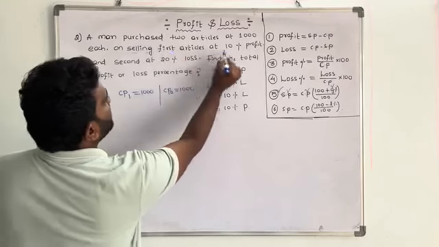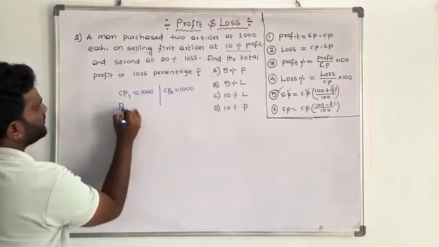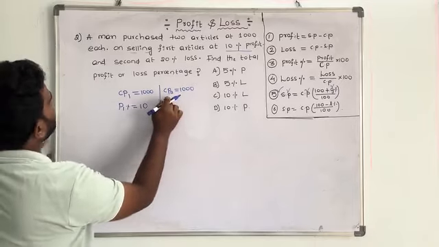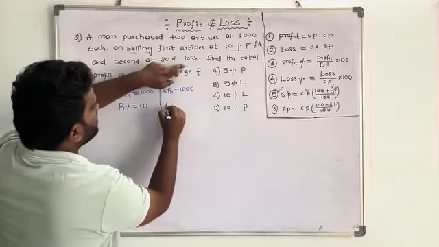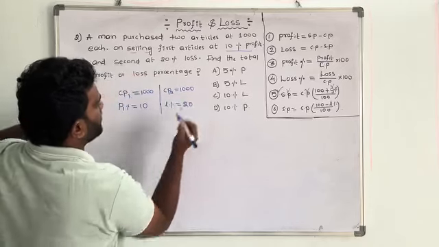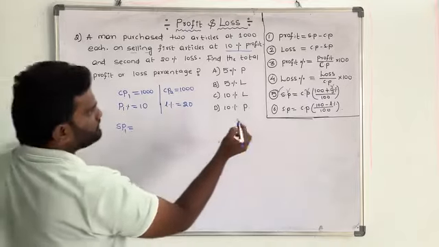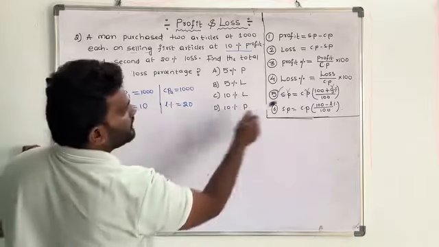Okay, so here for the first cost price 1000, he is selling the first article at a 10% profit. So here the profit percentage is given 10 and the second selling at 20% loss, here the loss percentage is given 20. Now let us find selling price of first article. What is the formula? When the profit percentage is given, fifth formula.